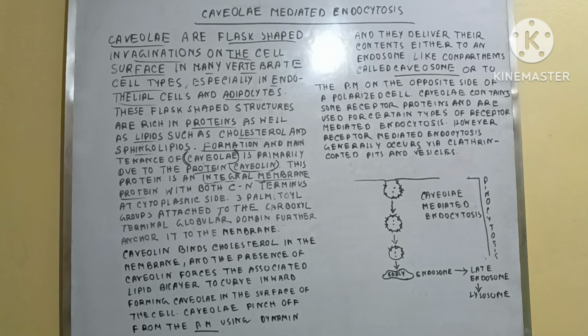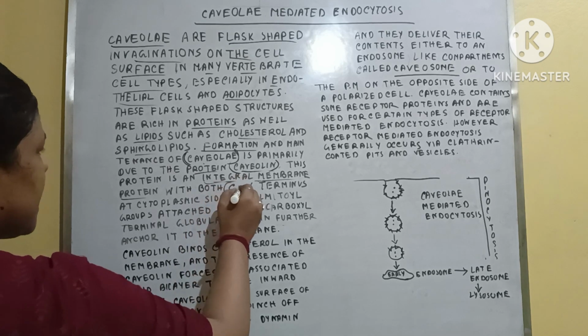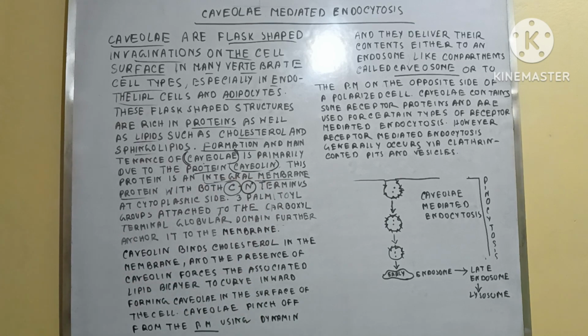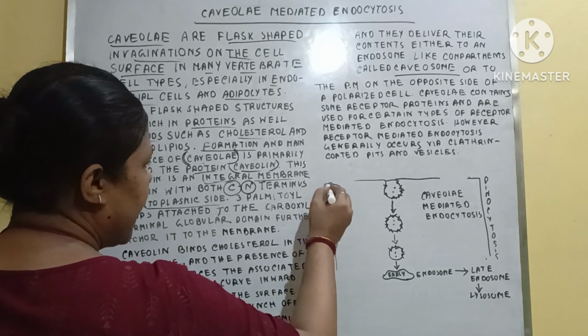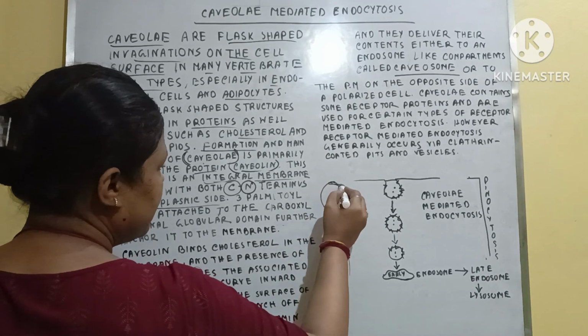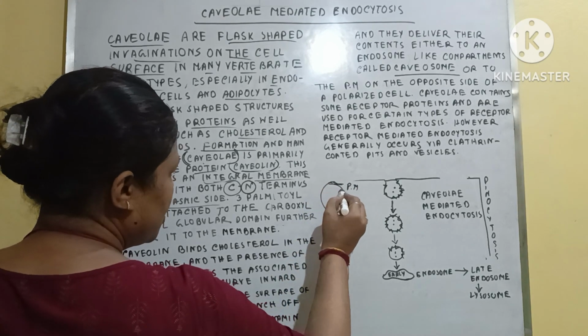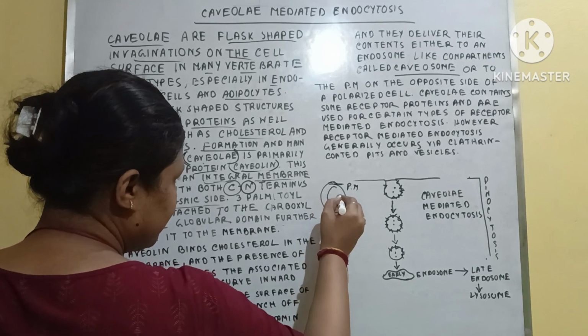Now, caveolin is an integral membrane protein, and it has both C and N terminal sites, and these are present in the cytoplasmic site. Suppose this is the cell and this is the plasma membrane, so this is the cytoplasmic area.